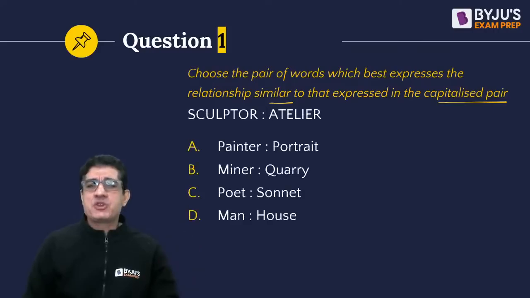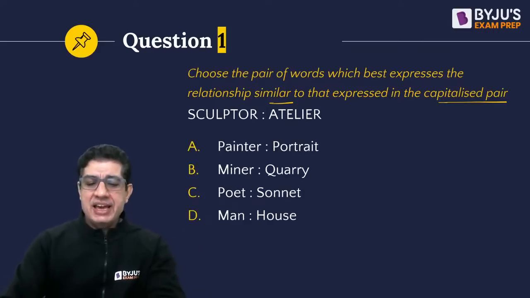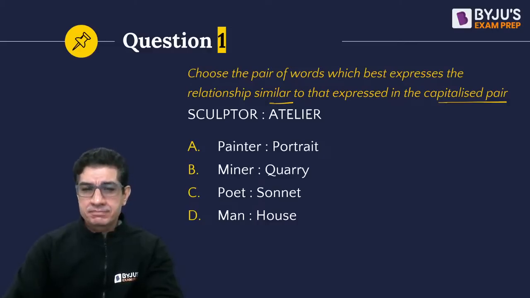The capitalized pair is sculptor is to atelier, and you need to choose a pair which is similar. So what do you think?